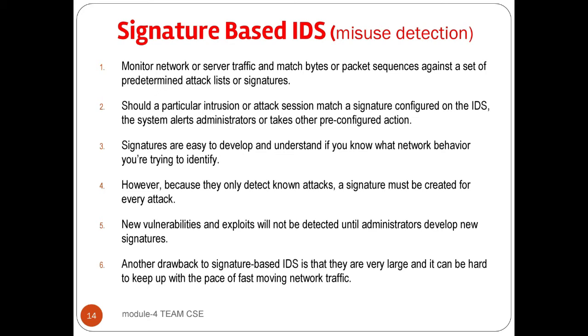Signatures are easy to develop and understand if you know what network behavior you are trying to identify. However, because they only detect known attacks, a signature must be created for every attack.